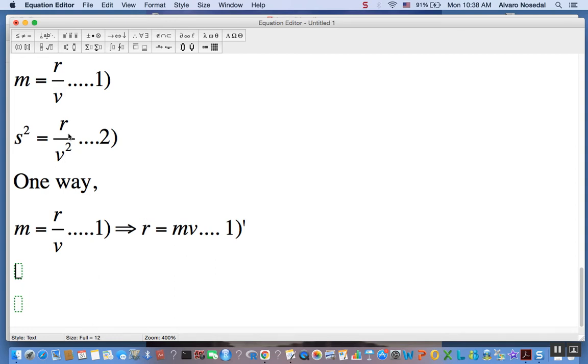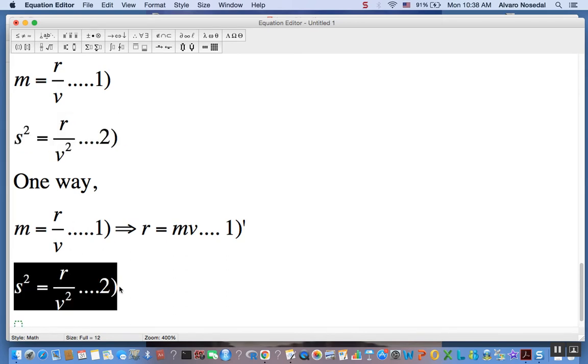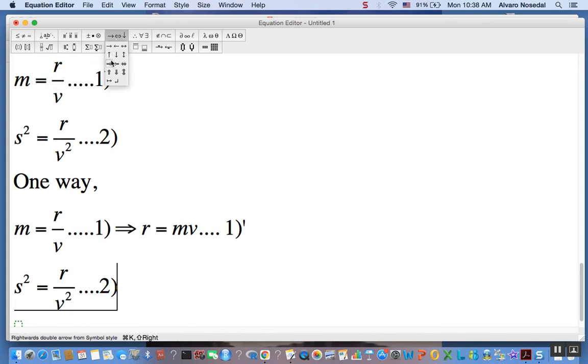Now, let's do the same for the second equation. Let's solve for R. If we do that, then R will be the same as S squared times V squared. Make sense?